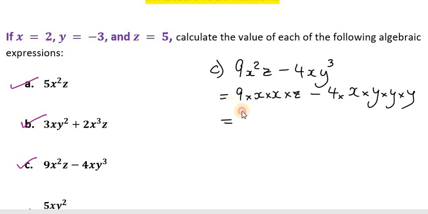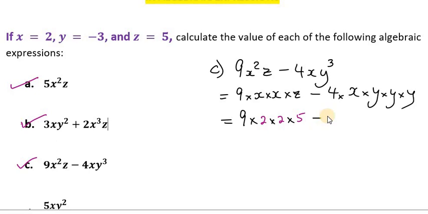But in this case, the specific number for x is 2. So we can say 9 times the x value being 2, that's given to us. So 9 times 2 times 2 times z. What's the z value? That's 5. And so we're going to say minus 4 times the x value that we have is 2.